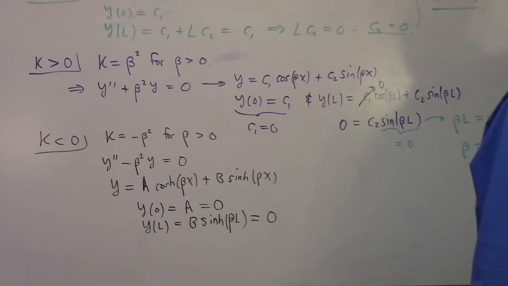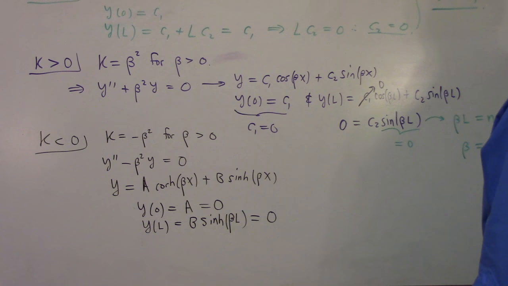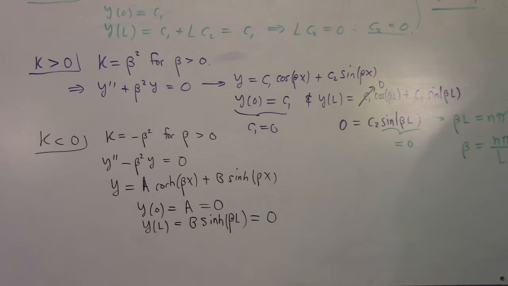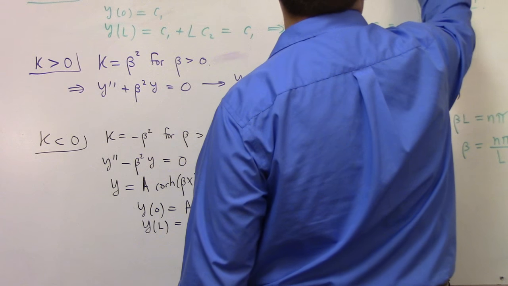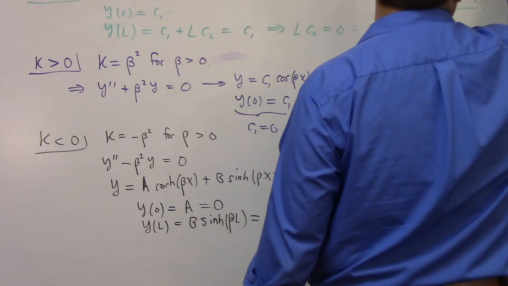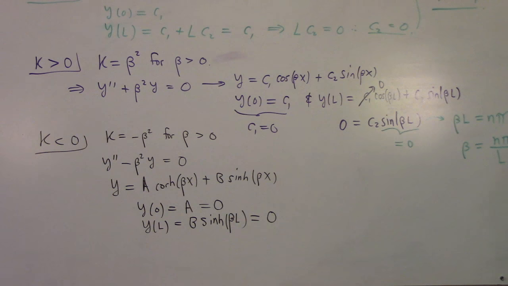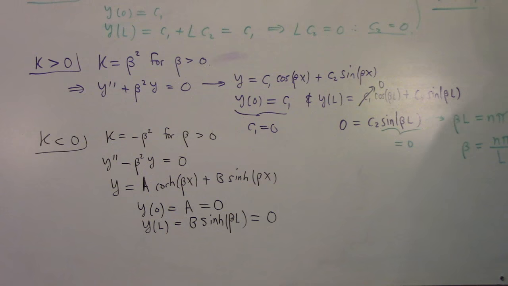So actually, if you look at it, the solution is y is equal to some constant, let's say a, sine of beta x, beta was n pi over L, so sine of n pi x over L, where, let's say only if k is actually equal to n squared pi squared over L squared, for some n. So I think in my notes I call this proposition 8.3.1.